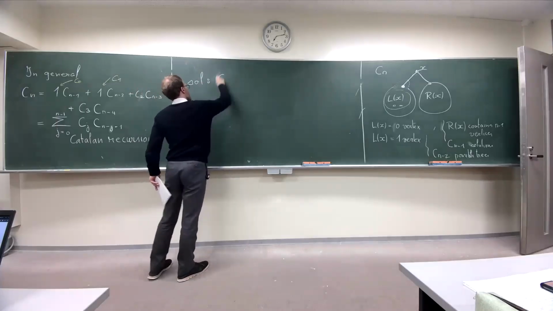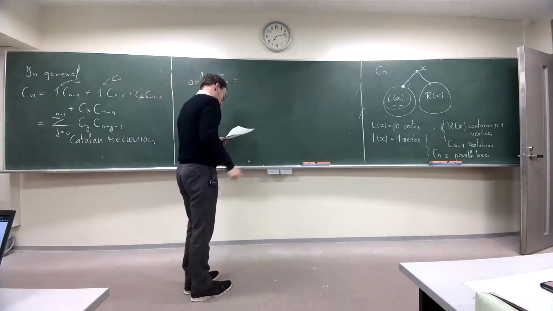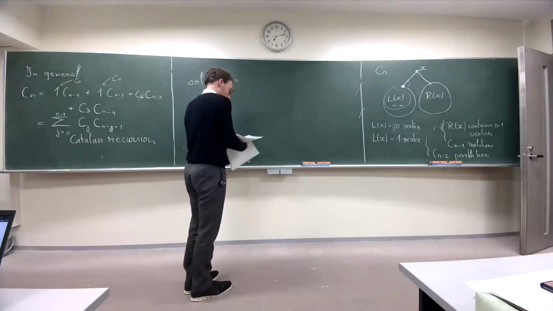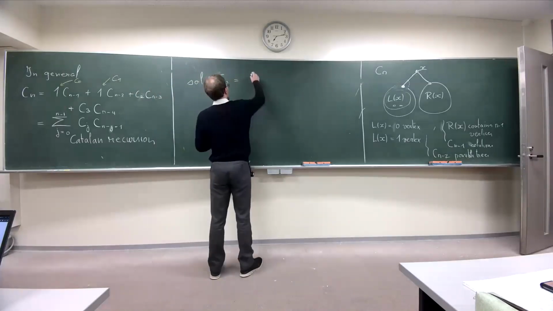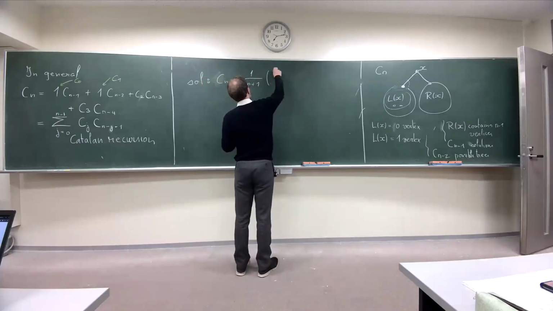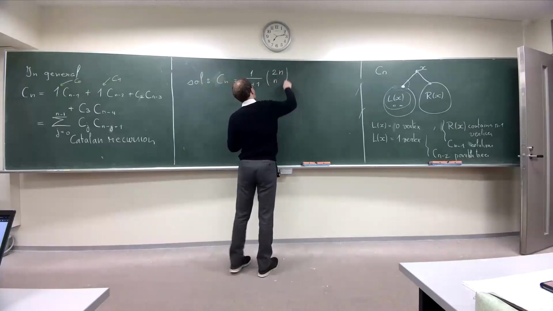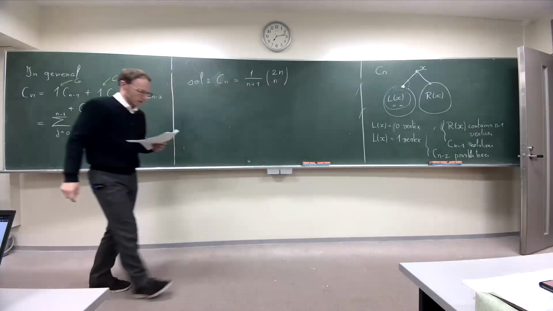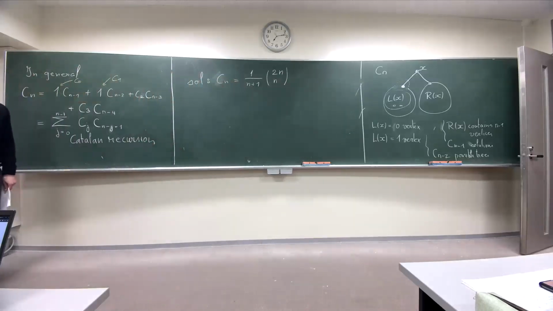Cn is, this is a combinatorial expression. Again, I'm not saying that you have to find this by yourself, but you just Google a few keywords and you will find the solution.